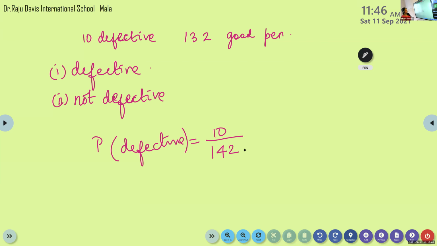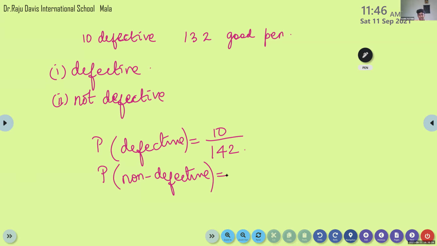What is the probability of selecting a non-defective one? How many good pens are there?